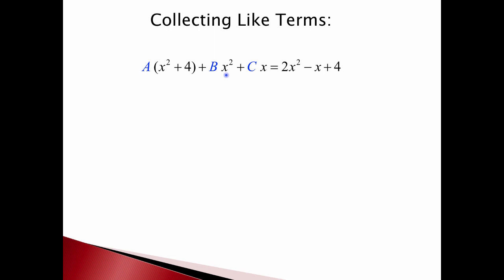So altogether I would have a plus b x squareds. Then I'd have a times 4, right? So that's my one constant over here. I have a c times x over here, and that's it. Everything's all collected. The x squareds are collected, the x's are collected, the constants are collected. And then the right-hand side, everything's nice and laid out, easy to see.